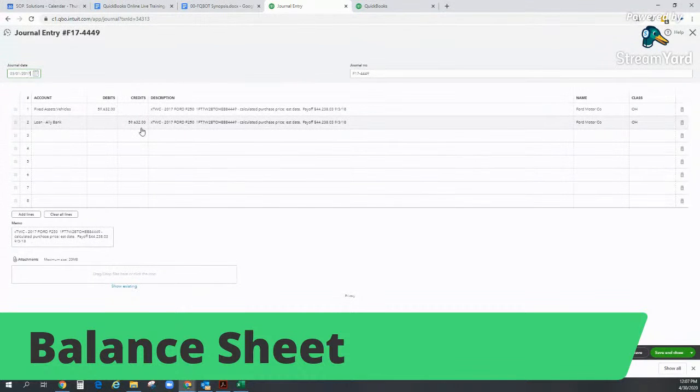I need my loan at $59,000. My fixed asset is on my balance sheet. The items on my balance sheet do not go to my profit and loss. My profit and loss are expenses and income. My balance sheet is my assets and then my loan.